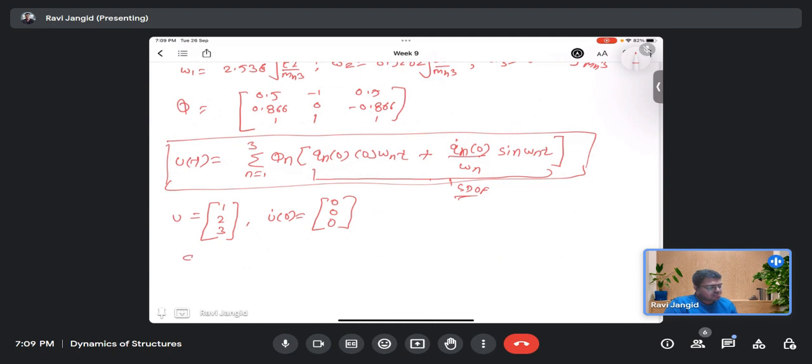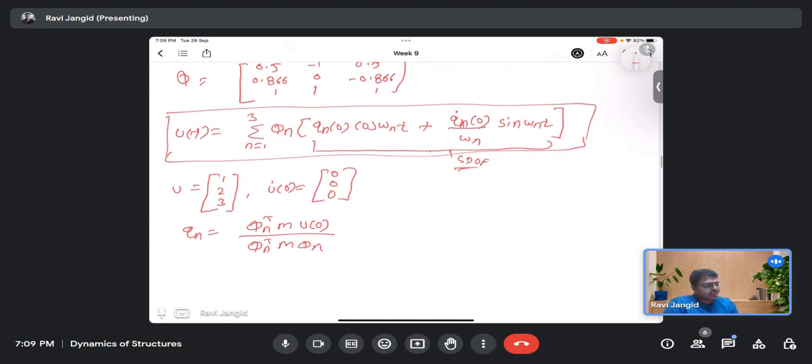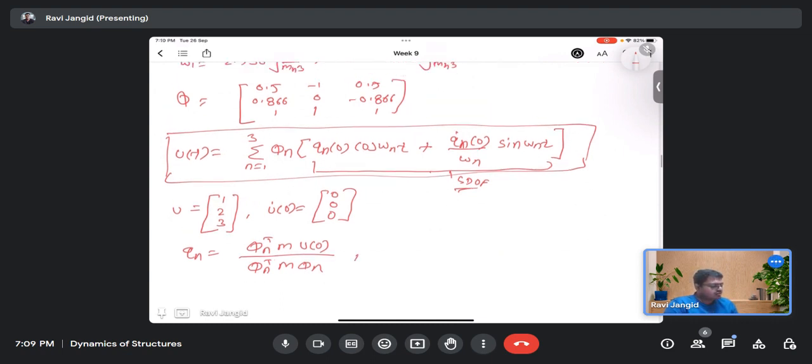So for the generalized term, q n is phi n transpose mass matrix u0 divided by phi n transpose M phi n. Similarly, we can find out q n dot 0: phi n transpose M u dot 0 divided by phi n transpose M phi n.